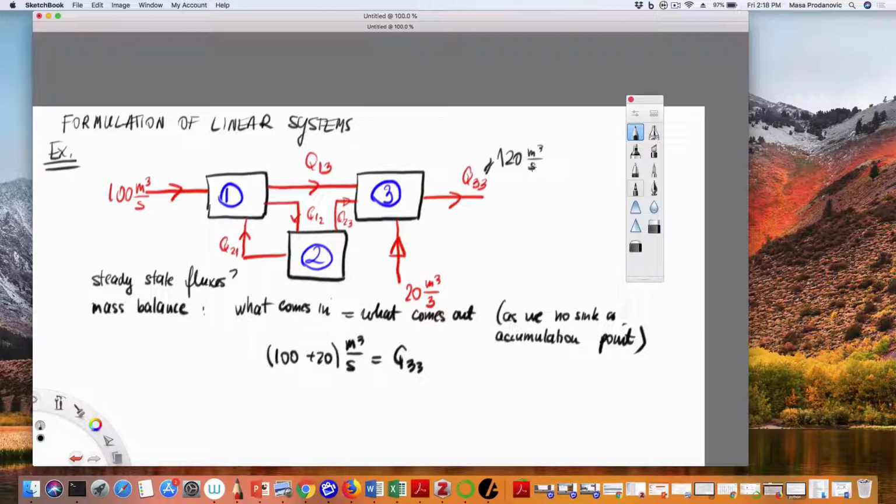So mass balance also applies for each reactor, and that will give me three equations.